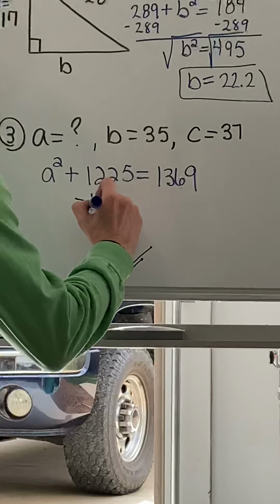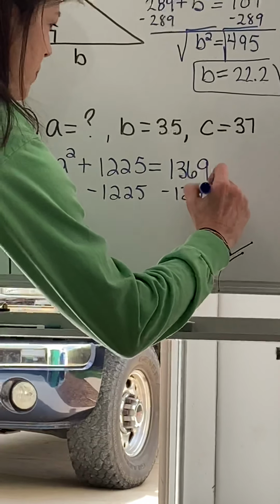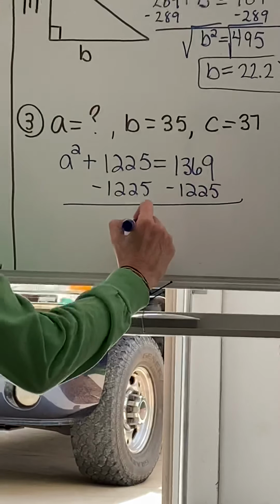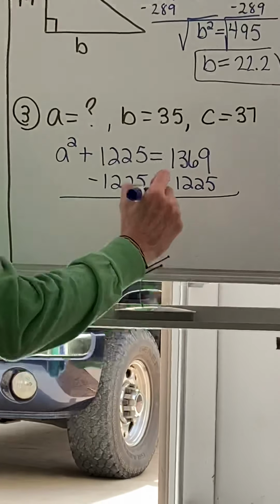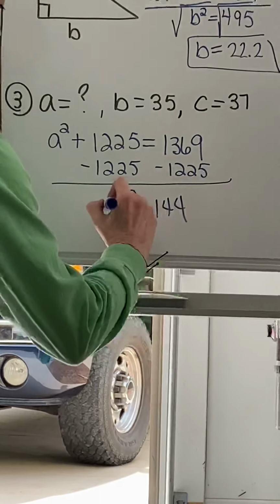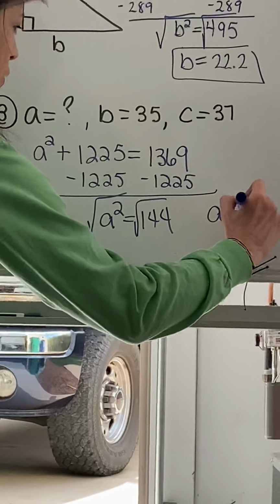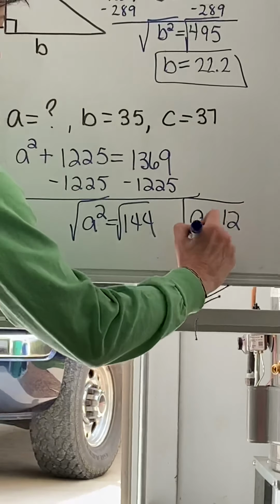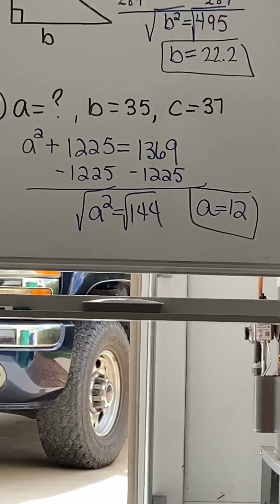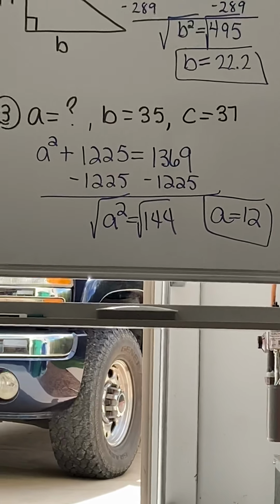So when you subtract 1,225 from both sides, you end up with A squared is equal to 144. Take the square root of both sides, and the square root of 144 is 12. I know that it has to be shorter than this, and 12 is definitely smaller than 37.